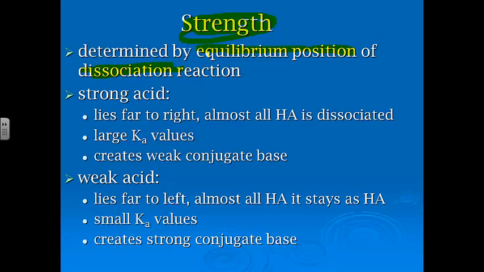So I know I warned you that chapters 13, 14, and 15 are all the same topic. For a strong acid, that simply means that the equilibrium position lies far to the right, and almost all of the acid will dissociate, which means they have very large Ka values, because don't forget that the equilibrium expression is simply a reflection of products over reactants. So if everything dissociates, they're going to have a much larger number here.